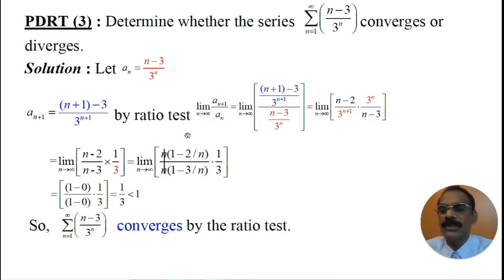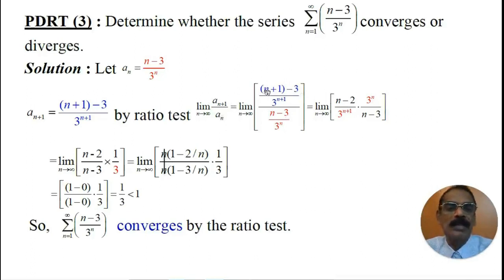By the ratio test, what does the ratio test say? It says the limit of u(n+1) by u(n) is L. Now here u(n) is taken as a(n). There is nothing wrong in it. Therefore, limit of a(n+1) by a(n) is equal to limit of, whatever we have written in blue color is a(n+1) and in red color is a(n).